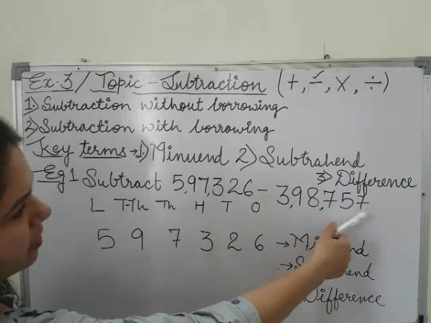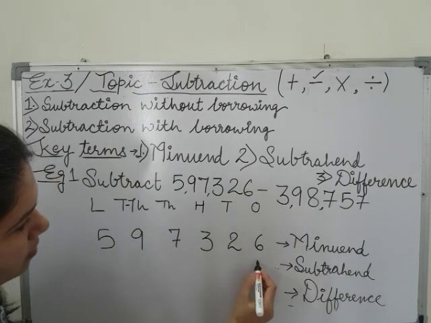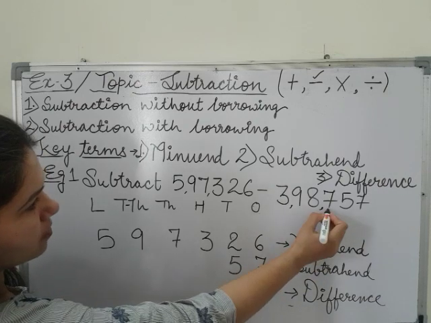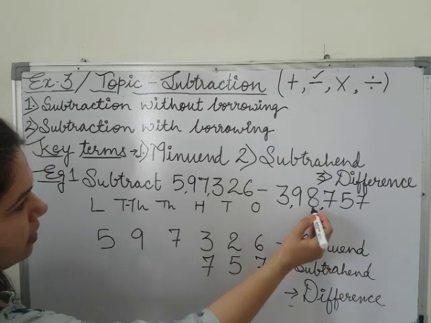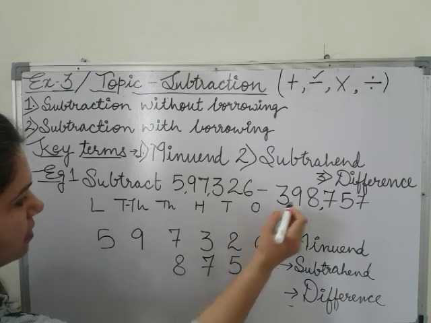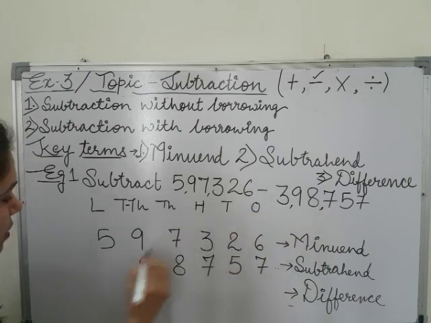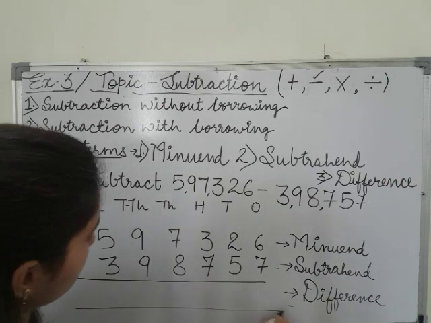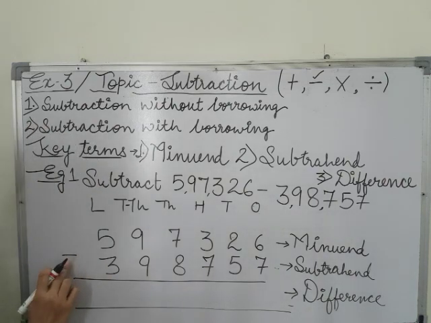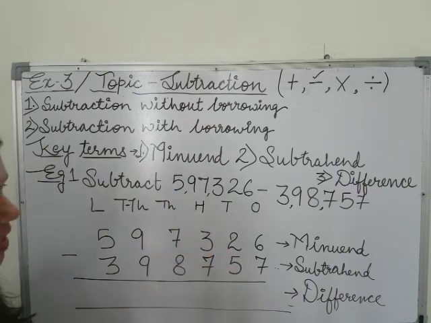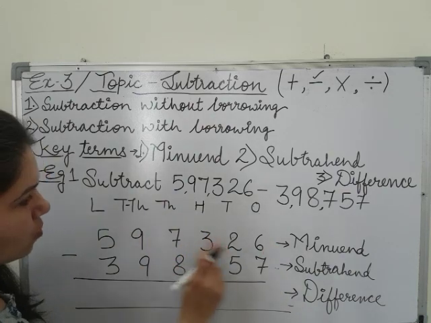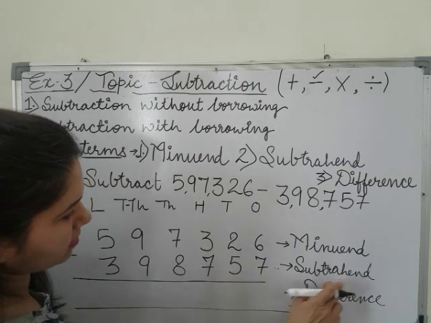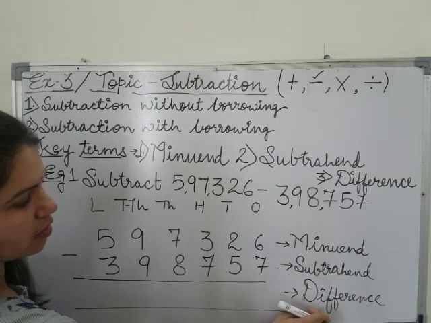And the second number is 7, 5, 7, 8, 9, 3. Here again we place the minus sign to show that this is a subtraction, and the first term is known as minuend, the second term is known as subtrahend, and the answer will be the difference.